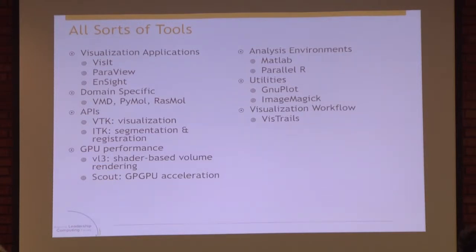There's a number that take advantage of hardware acceleration on the GPU. So we have a volume rendering library called VL3, and I'll touch a little bit more on volume rendering coming up, but I won't really go into details of our particular library. Know that there are others out there that leverage the GPU.